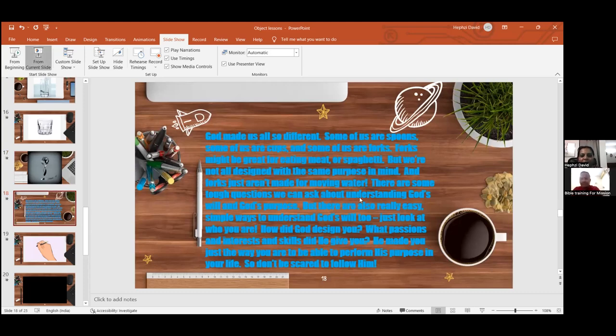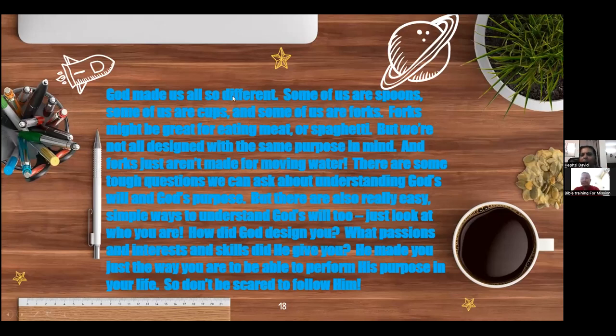God has given each of us a talent. God has made all of us so different. Some of us are spoons, some of us are cups, some of us are forks. Forks might be great for eating meat or spaghetti, but we're not all designed with the same purpose in mind. Forks aren't made for moving water. So there are some tough questions in understanding God's purpose.